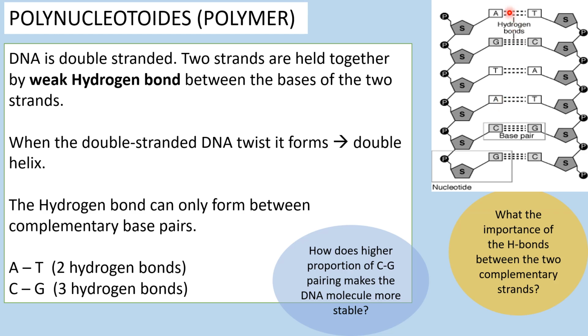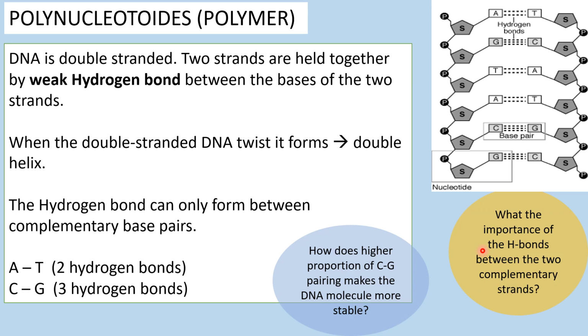The second thing is the hydrogen bond between the bases. Another exam question would be, what's the importance of hydrogen bonds between the complementary strands? This is a question that I want you to think about.